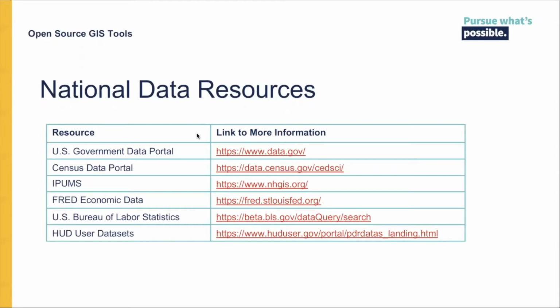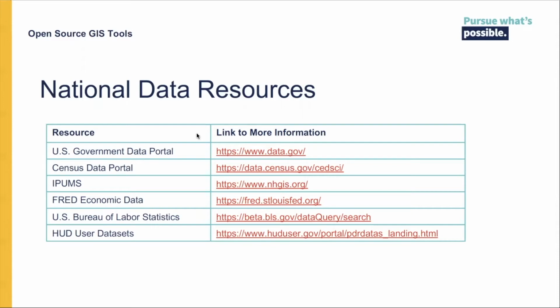The next national data resource that I want to talk about is NHGIS, which is the National Historical Geographic Information System. So this provides easy access to summary tables and time series of population, housing, agriculture, and economic data. And then it also packages it together with GIS boundary files.